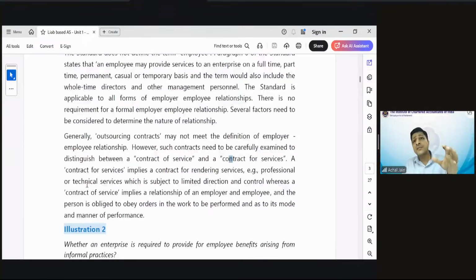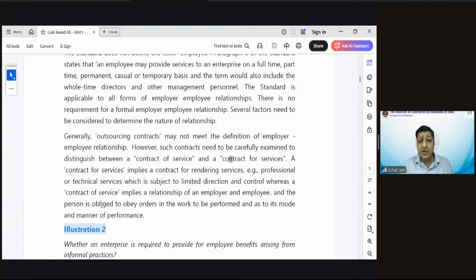Why? Because there has to be an arrangement wherein the counterparty, for example, A. So when we look at company X Limited and let's suppose a party A, party A should be following the directions of the company. Party A should be within the control of the company. Okay.